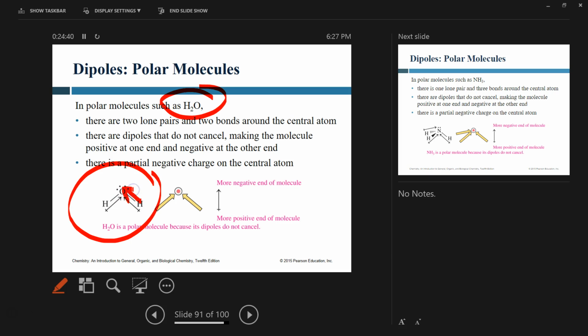Oxygen will pull electron density towards itself from one hydrogen and from another hydrogen. But let me ask you this, will these pulling forces cancel each other out? They won't. And the reason for it is that the molecule is shaped at an angle. Does that make sense?